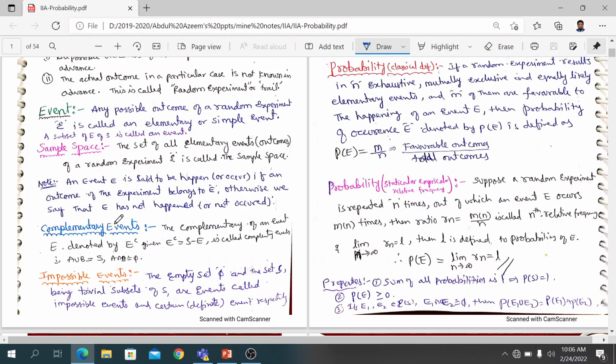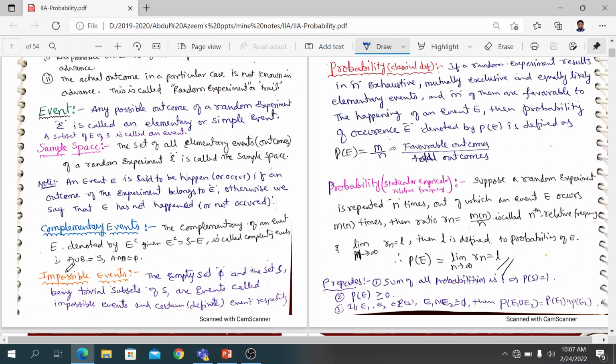Next, complementary event. The complement of an event E, denoted by E complement or E^c, is given by E^c equal to S minus E. And A union B is equal to S and A intersection B is equal to the null set.